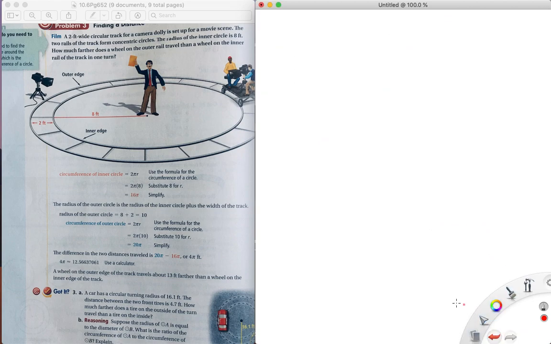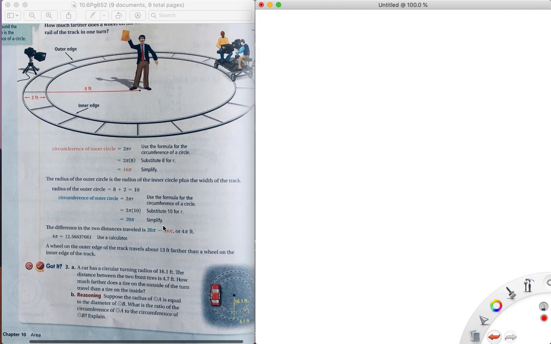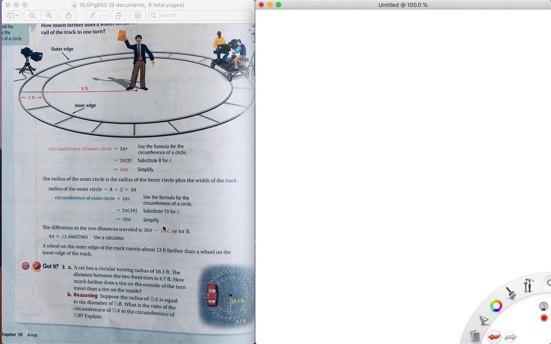Down here is a similar problem. It says we have a car turning with a radius of 16.1, and the distance between the front tires is 4.7. So radius number 1 is 16.1, and radius number 2 is 4.7.